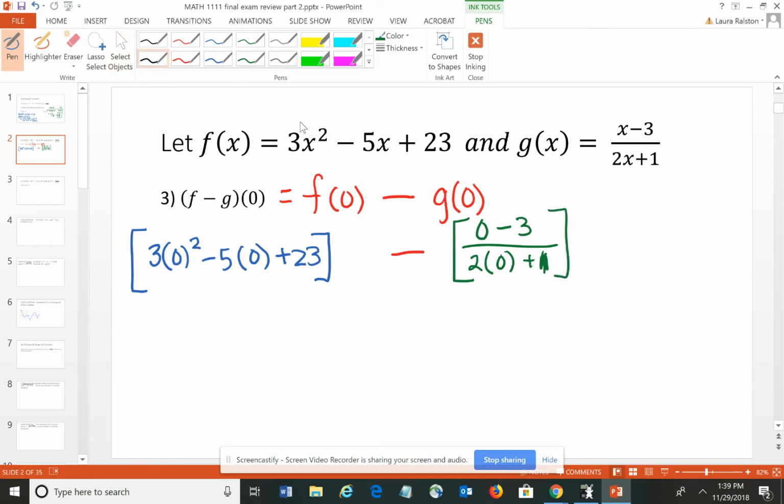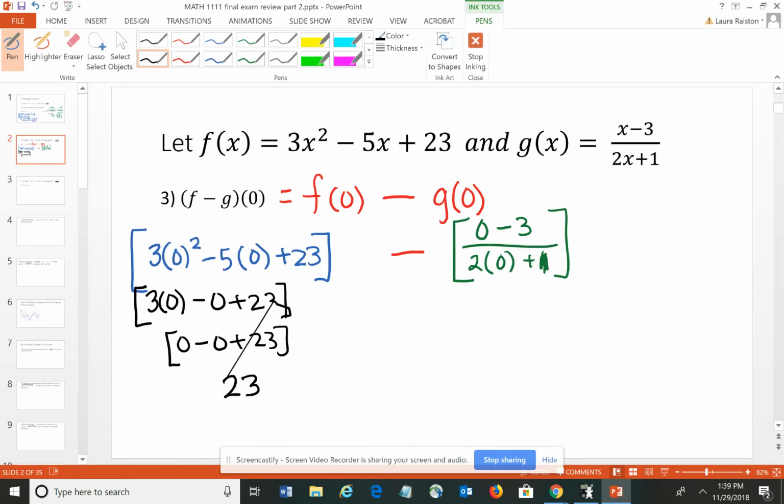And then I need to do the calculations. Working from left to right, I'd have 3 times 0 minus 0 plus 23. We'll keep working that piece. So I have 0 minus 0 plus 23, and that's going to give me 23. I still have the minus sign.